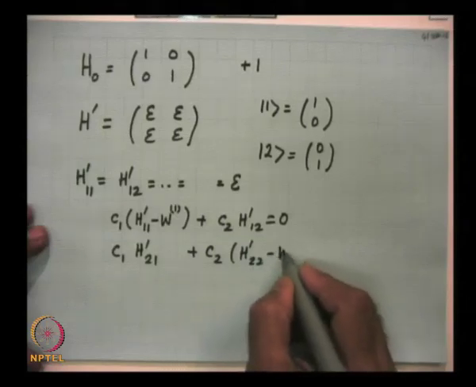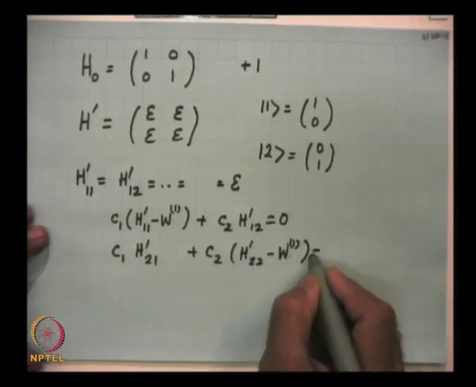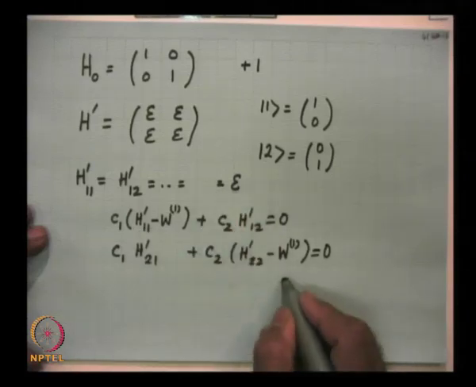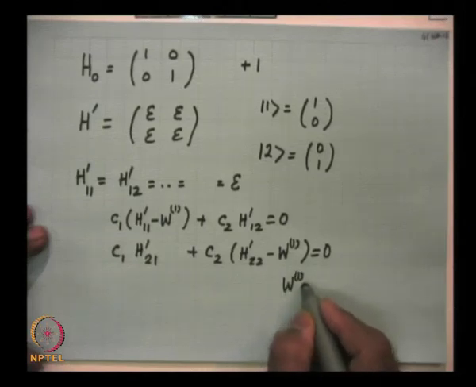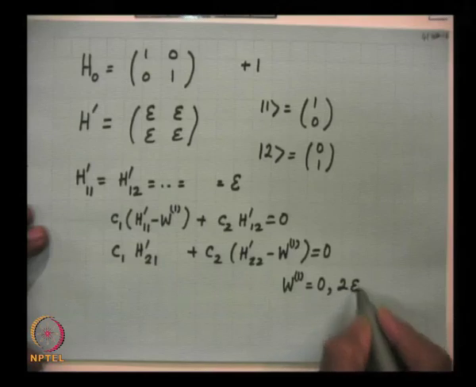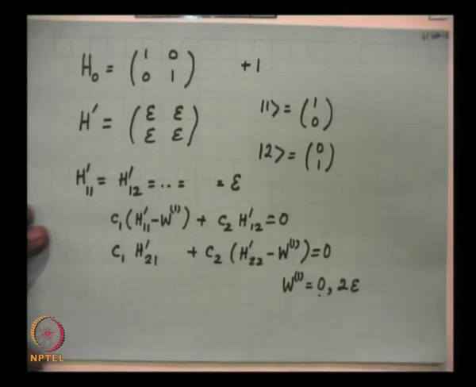If you understand this part clearly, then everything will become clearer. All these matrix elements are epsilon, and we found that the values of W 1 were either 0 or 2 epsilon. So, let me consider 0 first.